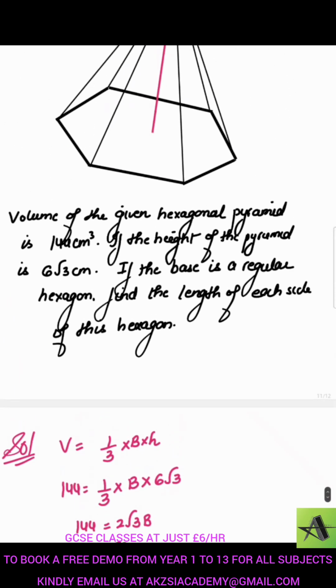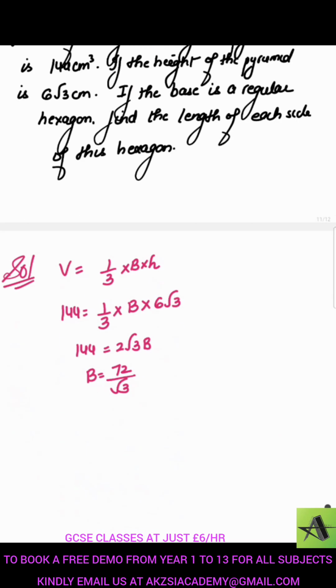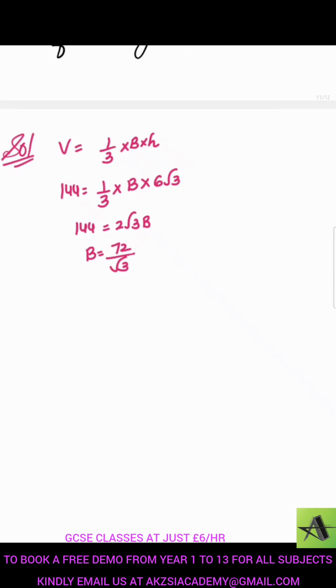We know that this is a hexagon. Let me draw a hexagon, this one. This is a regular hexagon, and let's say each side of this regular hexagon be a. So this can be easily divided into 6 equilateral triangles. Keep that in mind.